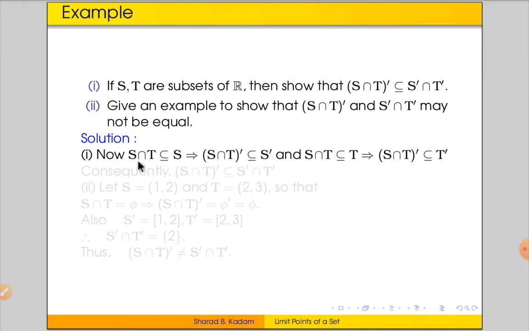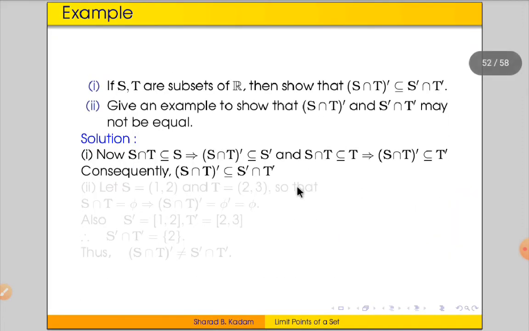So as we know that S intersection T is subset of S, so by the previous example we get that S intersection T prime is subset of S prime, and we also know that S intersection T is subset of T. Then by the previous example, S intersection T prime is subset of T prime.